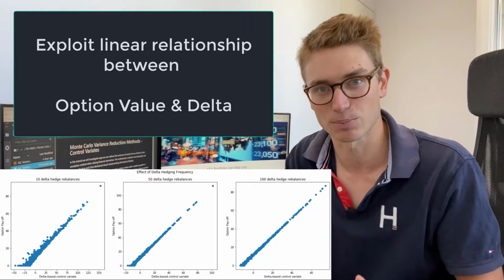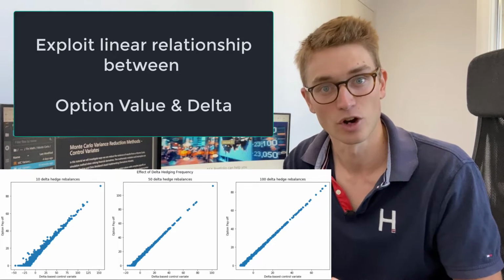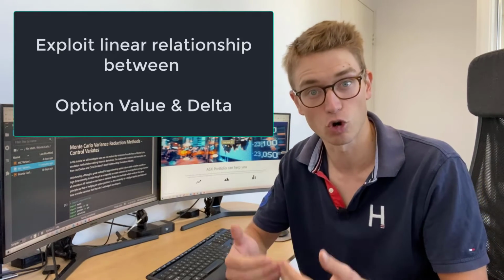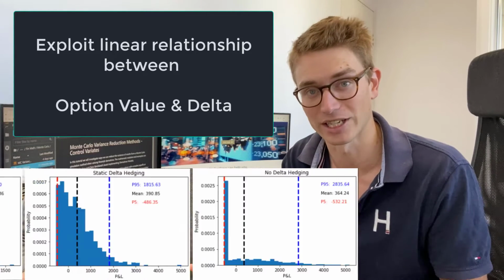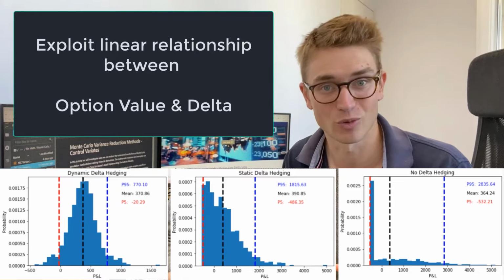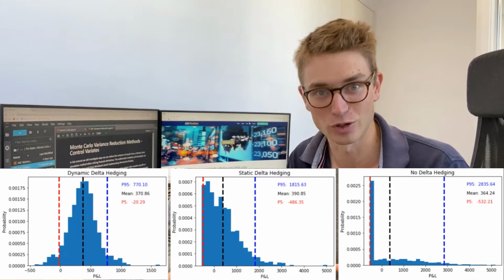Now, we're going to exploit the fact that delta is highly correlated with the option price, to incorporate that within our Monte Carlo simulation to reduce the variance. What does that mean? Well, we as the user don't have to simulate as many samples to reduce that standard error on our option price.